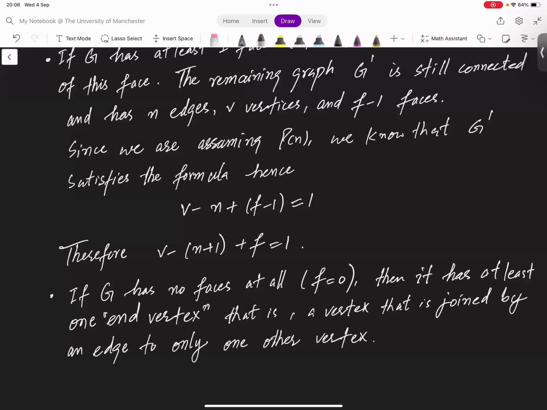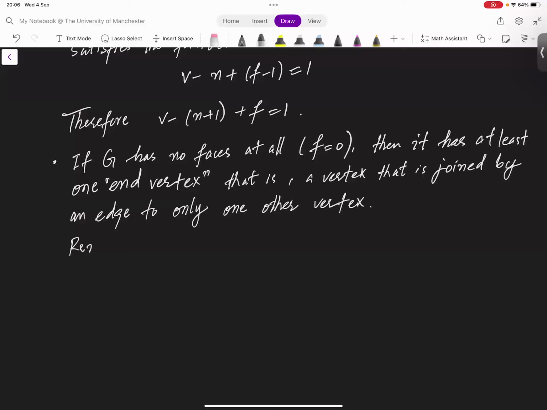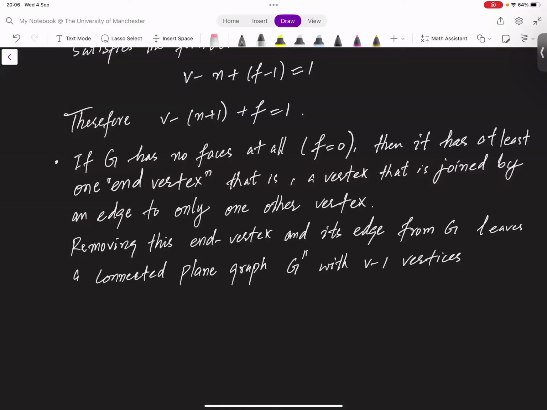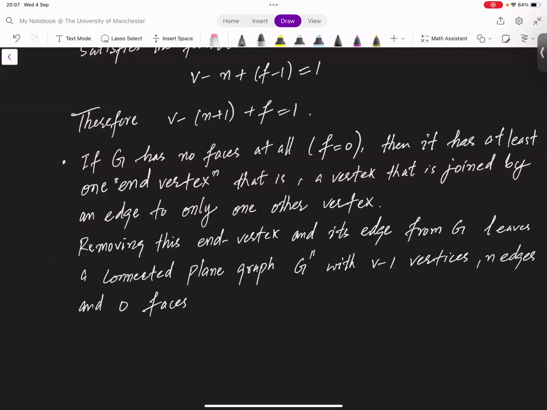Right? And removing this end vertex and its edge from G leaves a connected plane graph G double prime with V minus 1 vertices, n edges and 0 faces.